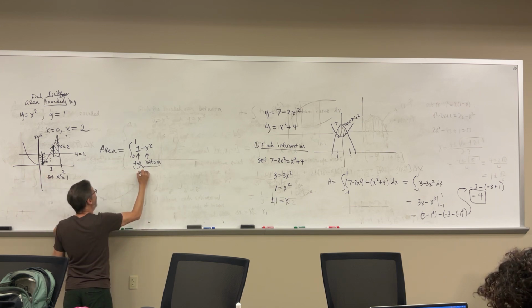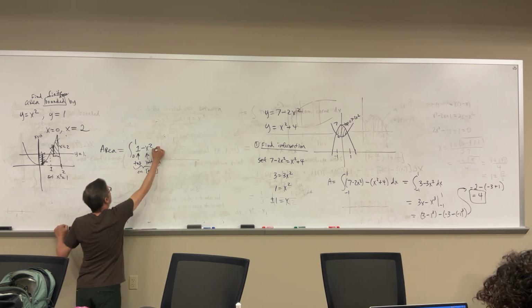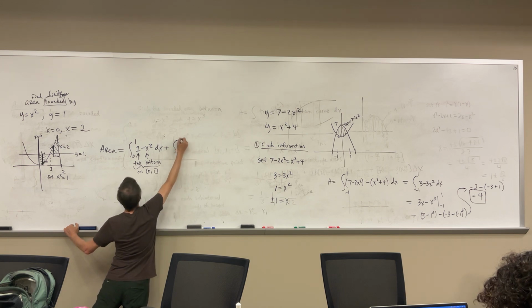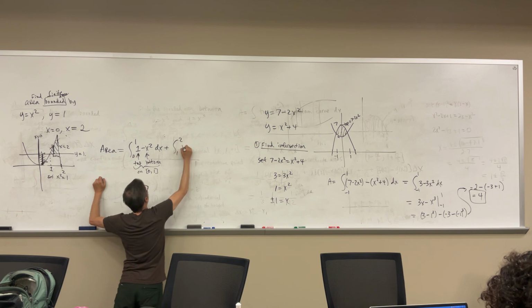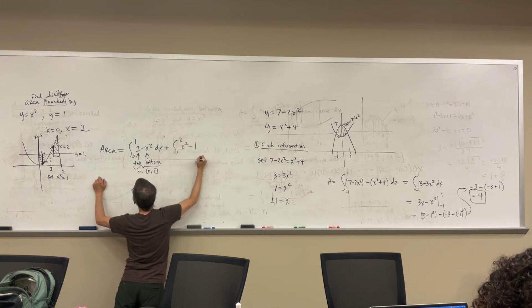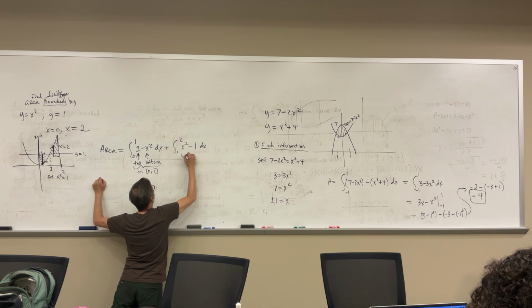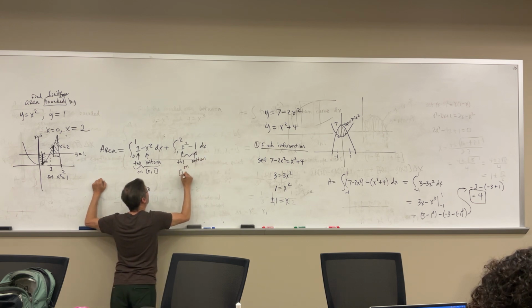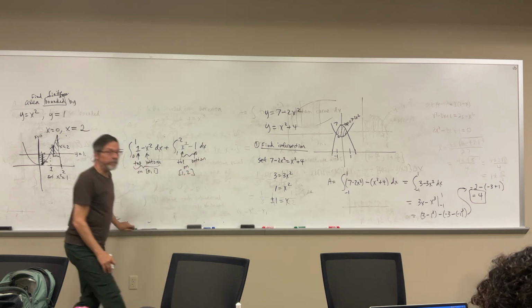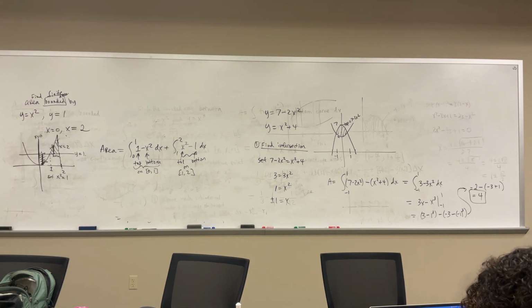So this is on 0 to 1. Then from 1 to 2, when I run the slices, now the top is x squared, and the bottom is y equals 1. Does that make sense? Feel good about that?